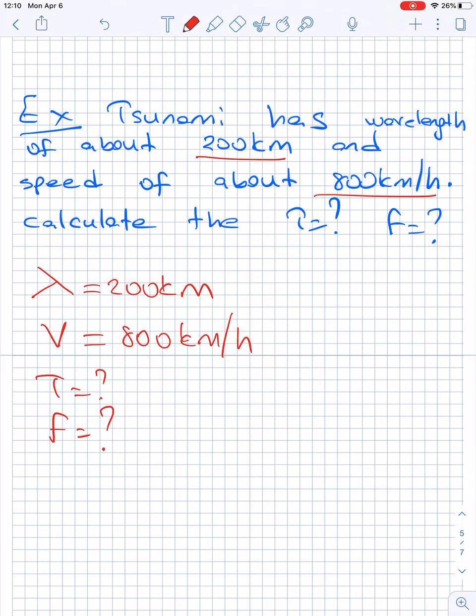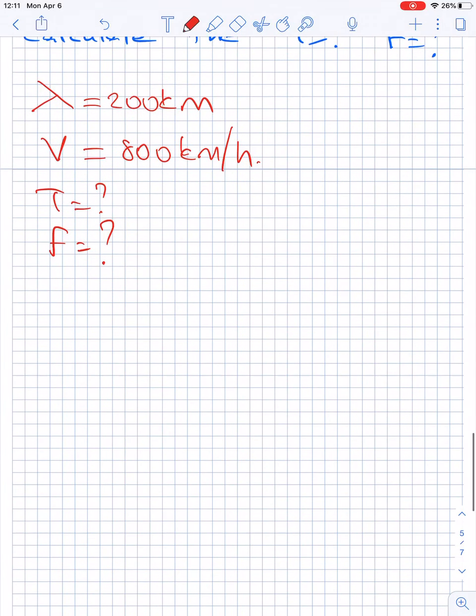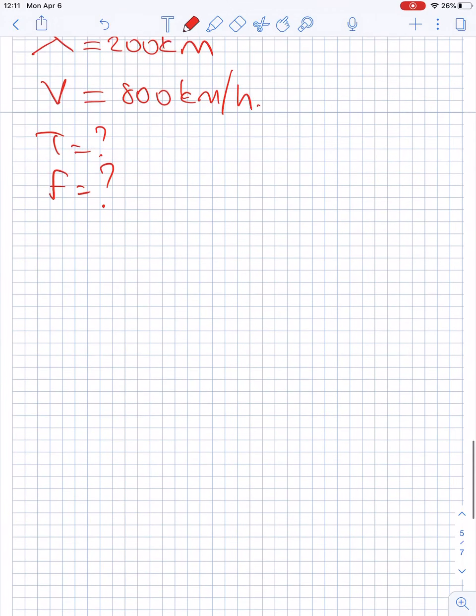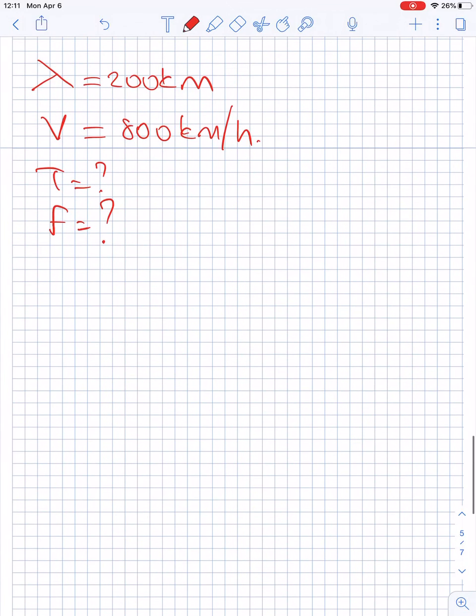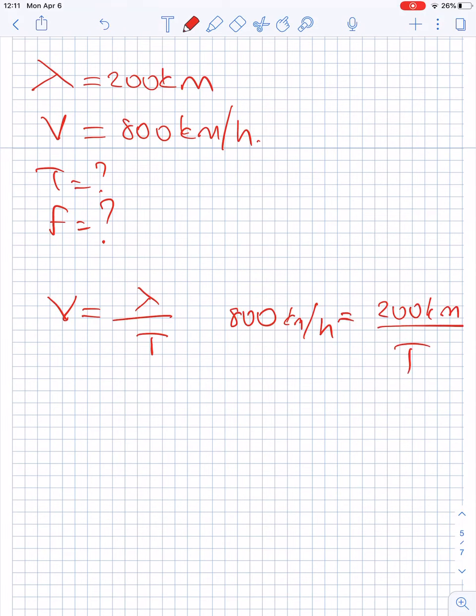Period, we don't know. Frequency, we don't know. When you solve questions like these, you can change kilometers into meters and hours into seconds, but we don't need to. I continue. Speed is equal to wavelength over period. Speed is 800 kilometers per hour, wavelength is 200 kilometers, over period.